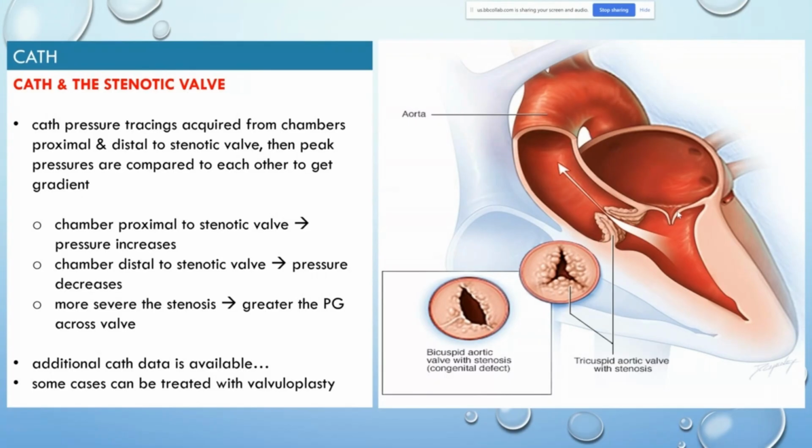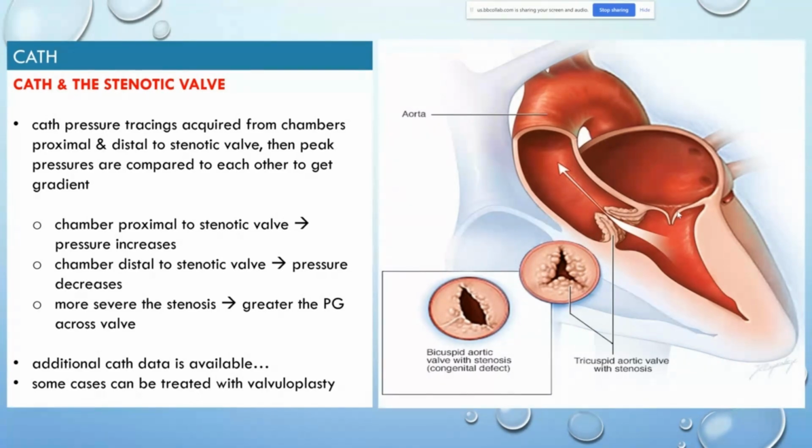We're also going to want to evaluate regurgitation. If the person has regurgitation, we're going to evaluate the function, and we're going to rule out any type of coronary artery disease. Now, if the situation is really bad, sometimes we can do what's called valvuloplasty, and that's when we use a balloon and put it into the valve and inflate the balloon to help break up how small the valve is, to increase the space so the blood can travel more freely.